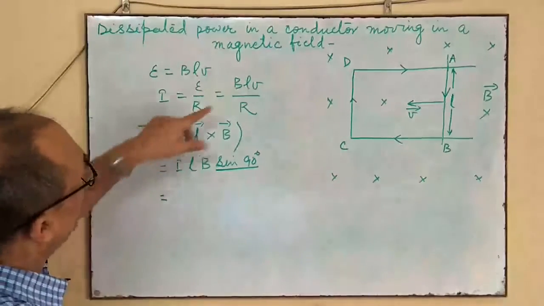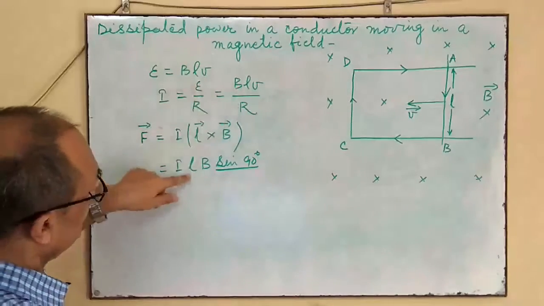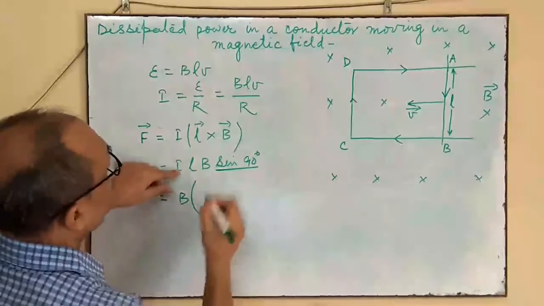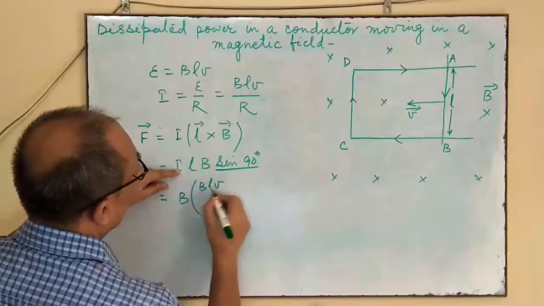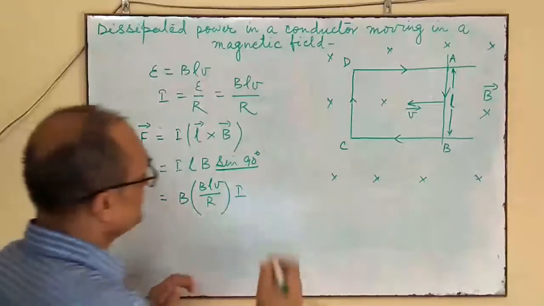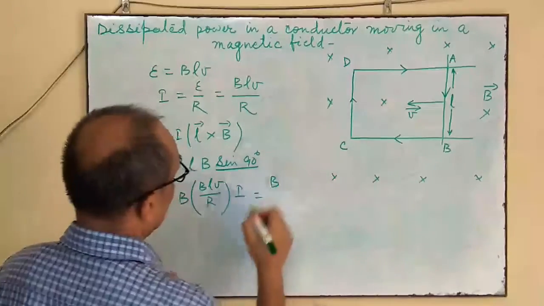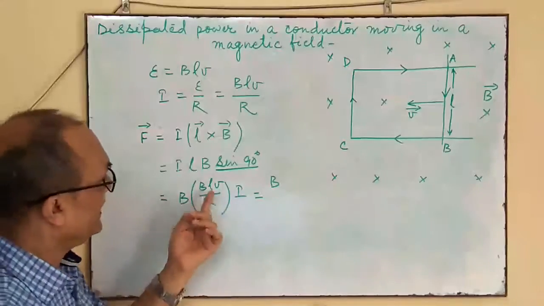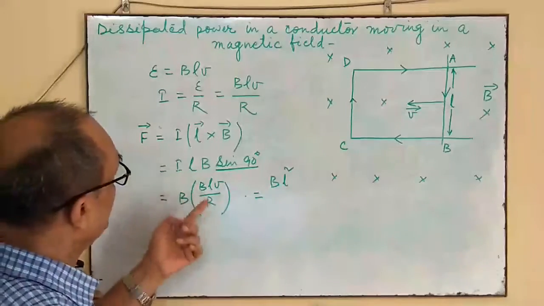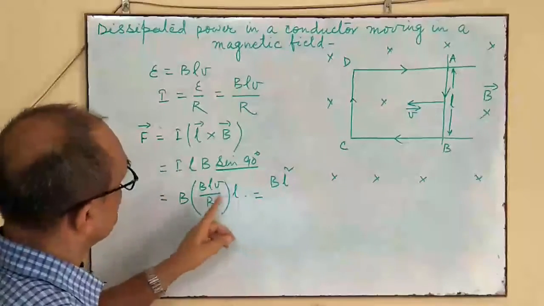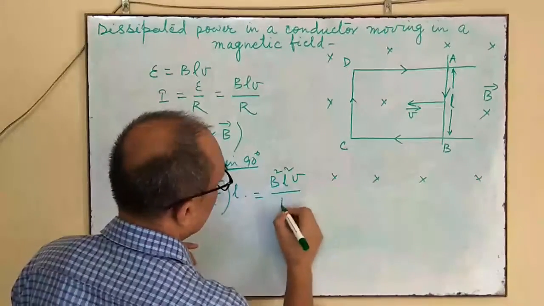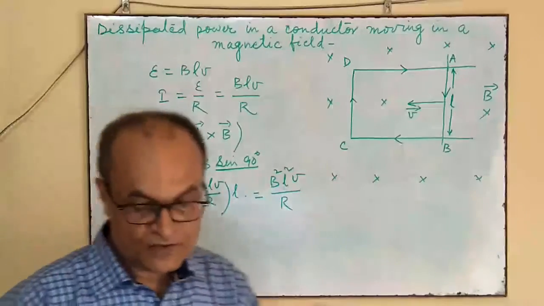Now putting the value of I, BLV by R, into this equation, we get B into BLV by R into L, so B square L square V by R. This is the force.